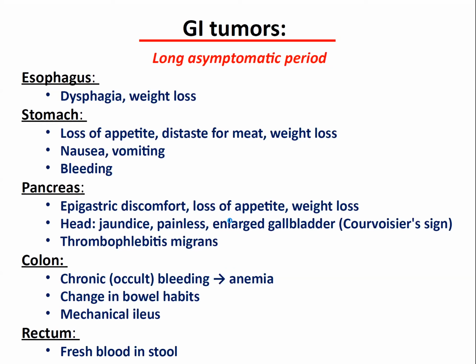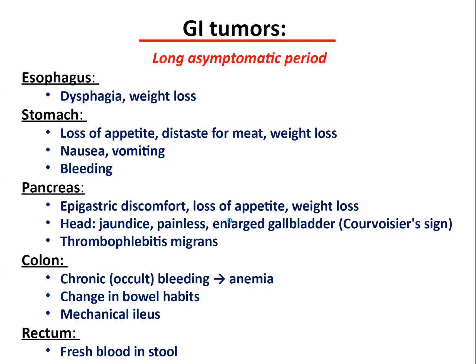And there are changes in bowel habits, meaning that sometimes the patient has obstipation and sometimes diarrhea. Obstipation is due to the obstruction of the GI tract. And when the bacteria have more time to act on whatever is left in the stool, that makes the stool more fluid.